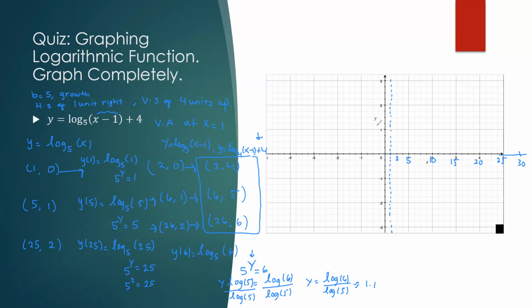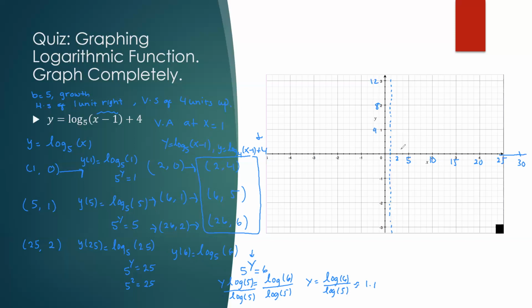On the y-axis, I think I will go by ones. This is 1, 2, 3, 4, 5, 6, 7, 8, 9, 10, 11, 12, etc. Okay, so I'm going by ones.